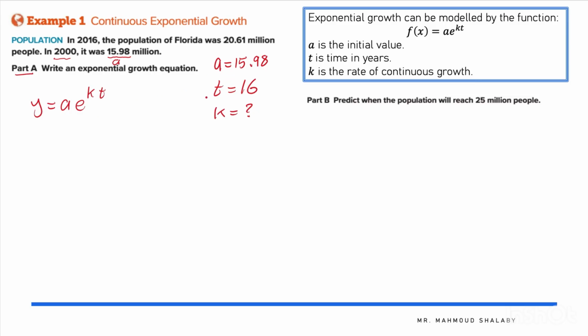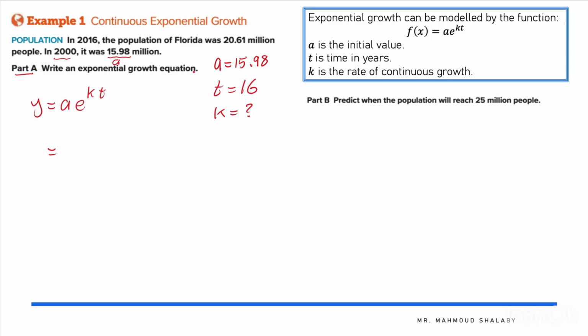Now I will substitute all the information that I know in this equation. First of all, do I know the value of y? This is a very good question. I didn't write it here because a, t and k are the constants that I will use in every question. Maybe I will have extra values like y given in the question. Usually these are the ones you need to start with, a, t, k.